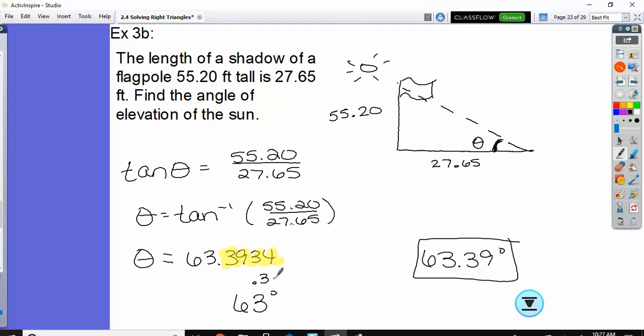So you do 0.3934 times 60. And that gives you 23.604. So we wanted 4 significant digits, so round to the nearest minute, that would be 24 minutes. Any other questions?